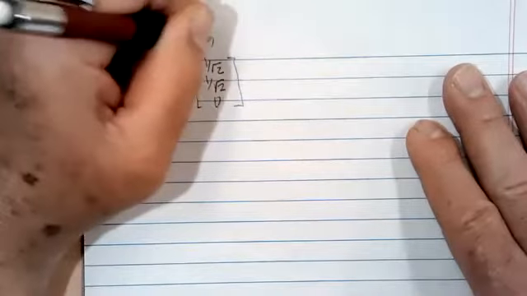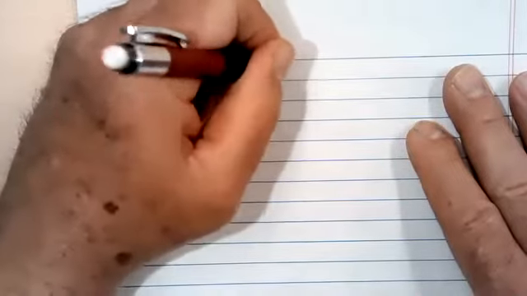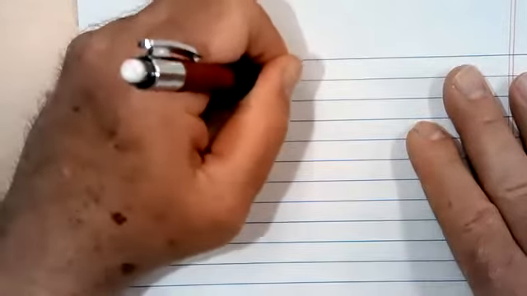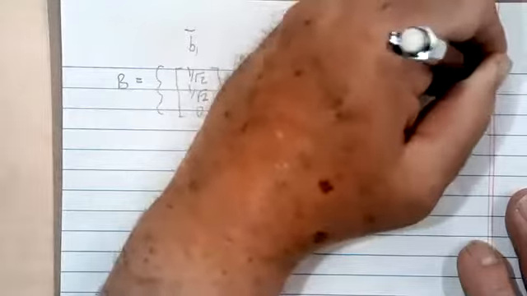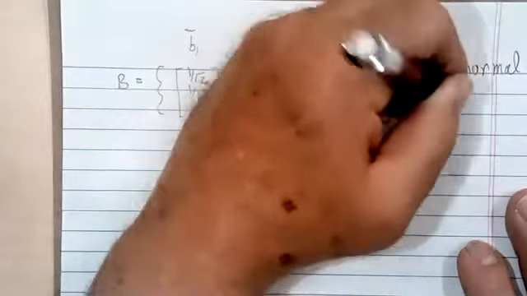That's b1. b2 is (1/√2, -1/√2, 0). And our third basis vector is (0, 0, 1). Absolutely key observation, this does not work otherwise, is that this is an orthonormal basis.